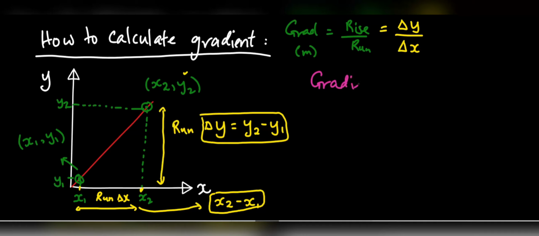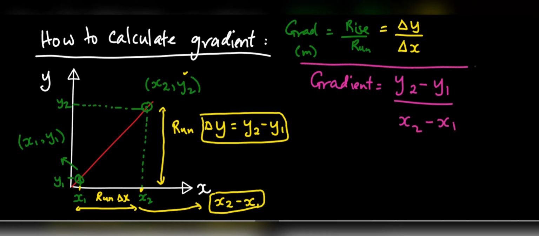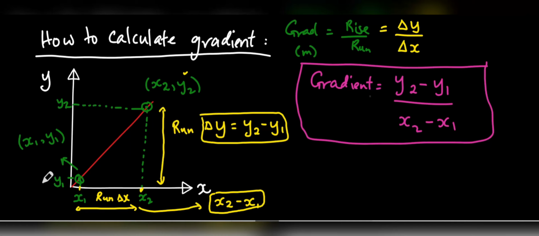Our gradient, to calculate gradient, our change in y from our substitution becomes y2 subtract, of course, y1 over x2 subtract, of course, our x1 value. This is pretty much a standard equation that will work for pretty much any equation involving finding the gradient of any straight line. I'm going to do some examples now to show you. Right? Let's do some examples to see.